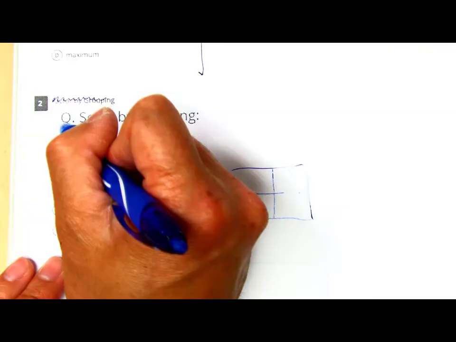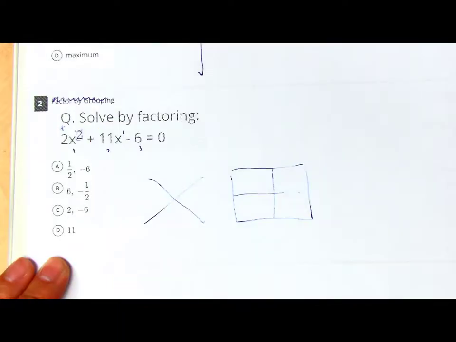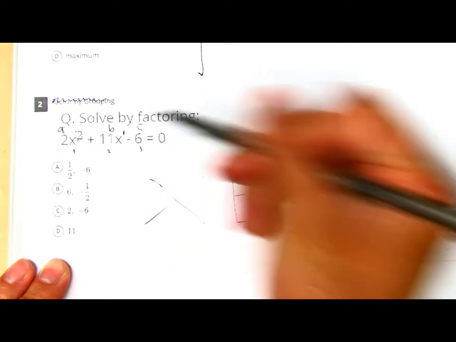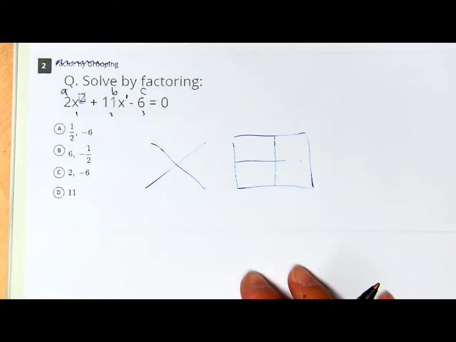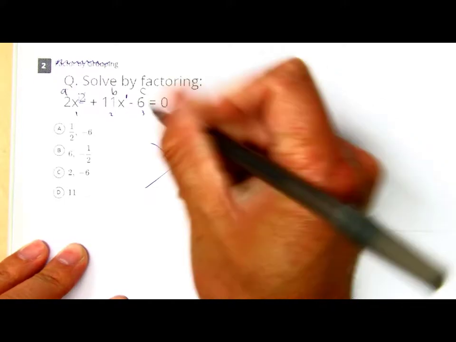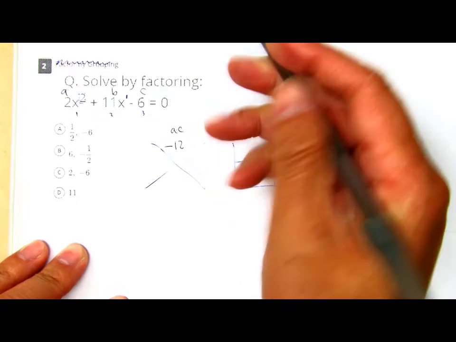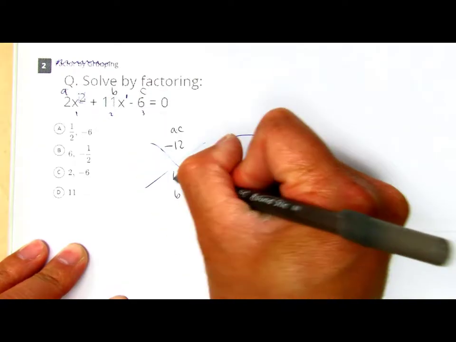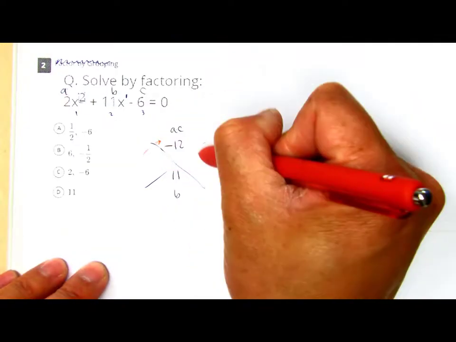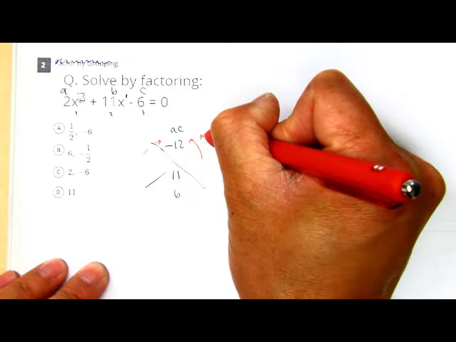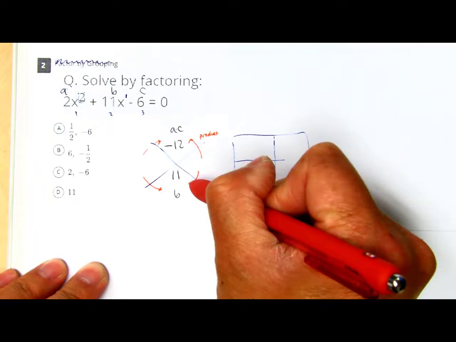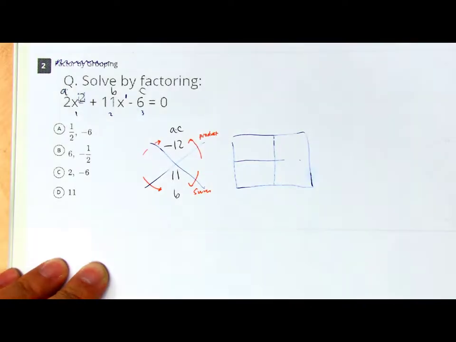This is going to be my A, my pen is dying, so A, B, and C. A times C is negative 12, so I'm multiplying this A times this C. The B value is 11. I need two numbers whose product is negative 12, but whose sum, when I add them, equals 11.